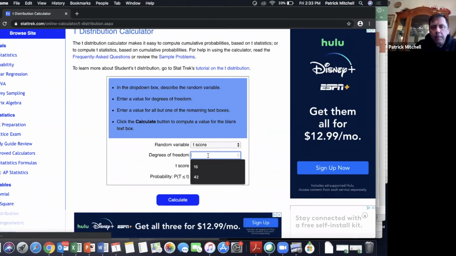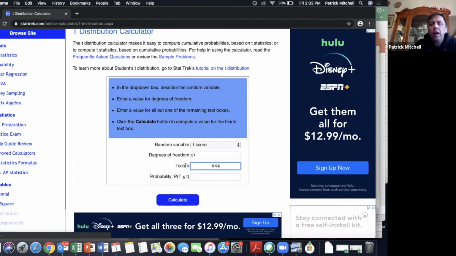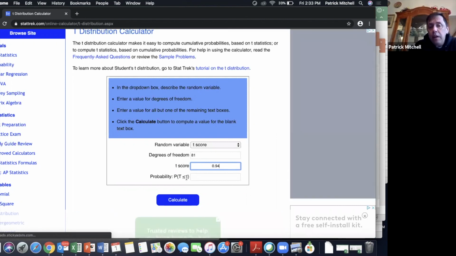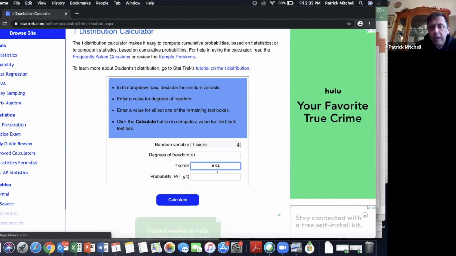Let's see, this time I believe the degrees of freedom is 81 because his sample size was 82. The t-score they gave us was 0.94. Now this time I want to be careful. This is a right-tail test. This number that comes up in this box is going to give me the area to the left of 0.94.